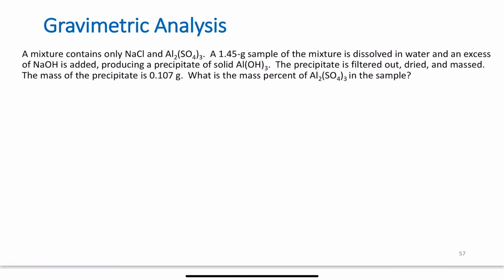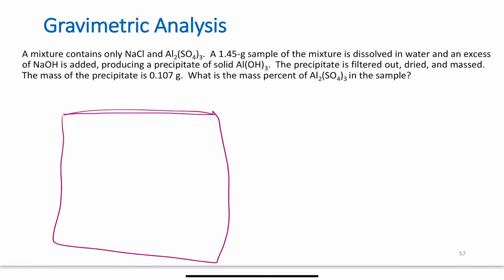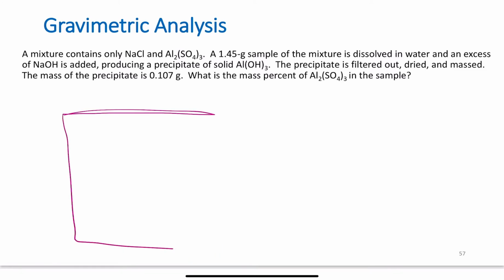originally in the sample. For this example, we have a mixture that contains sodium chloride and aluminum sulfate. A 1.4 gram sample of this mixture is dissolved in water. Okay, so basically what I've got is a beaker. And that's a really badly drawn beaker, I apologize.